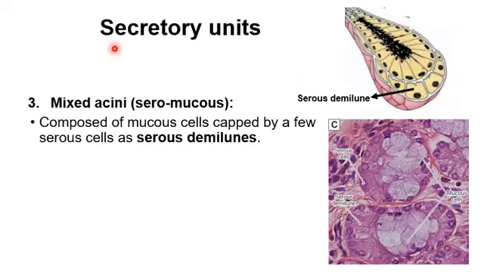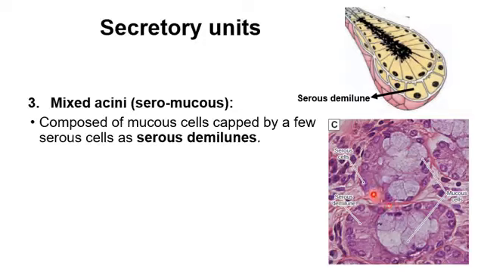The last type of secretory unit is the mixed acini. Sometimes they are called seromucous acini. From their names, they have a mucus secretory portion and a serous secretory portion.